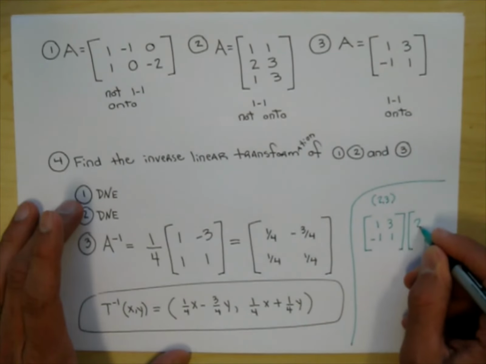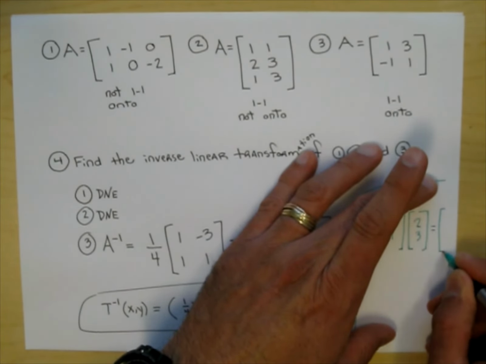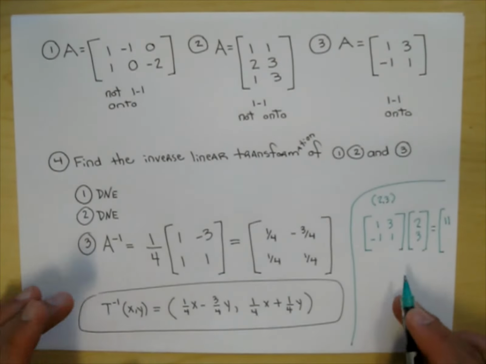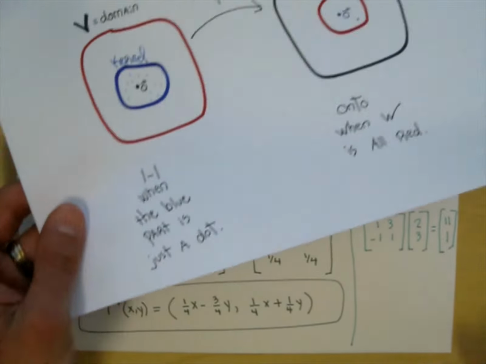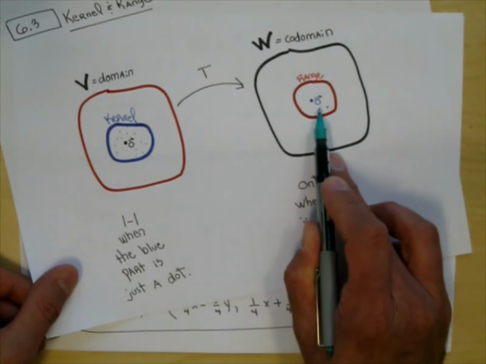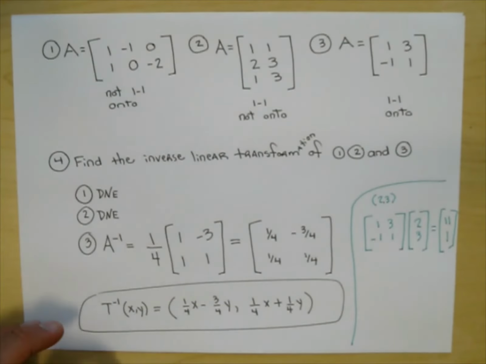Putting the (2, 3) here, this gives me 2 plus 9 is 11, and the other one is negative 2 plus 3 is 1. So we sent (2, 3) over here in the domain, and it went to the range. Now the inverse transformation takes it back to the domain, and it should take it back exactly where it came from. So let's see if we can do that.